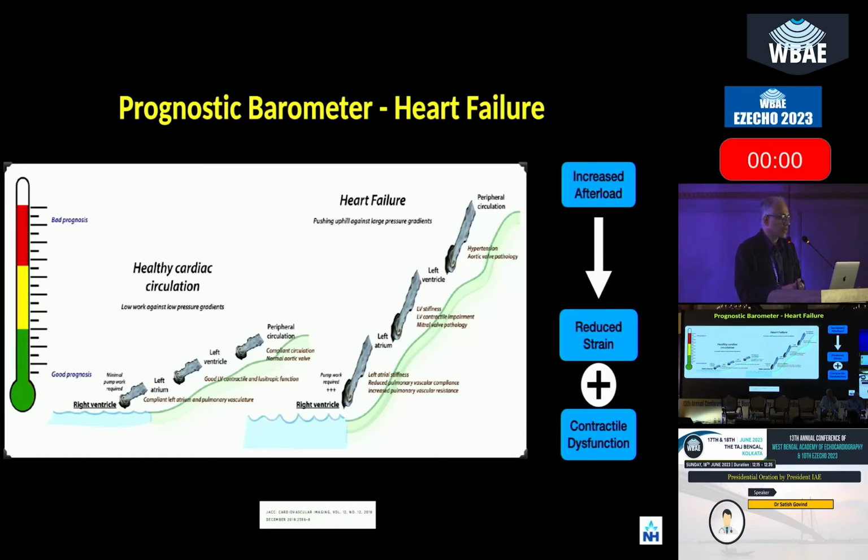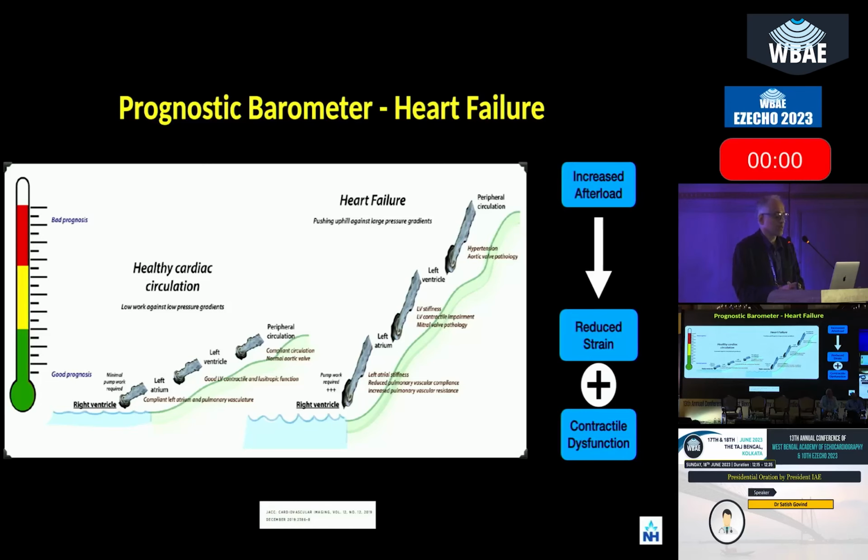On one side you have a heart that is at peace, which has not much work to do. The workload is not much. The output is good. But on this side, heart failure sets in, and then all the protective mechanisms start to kick in. The peripheral circulation starts to bring in its own constriction. Then if there is hypertension or aortic valve pathology, the load on the LV starts to increase, and then there is LV stiffness, contractile impairment, and if there is an additional mitral valve pathology, it makes it even worse.